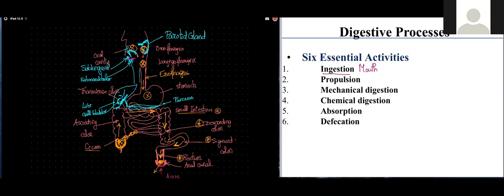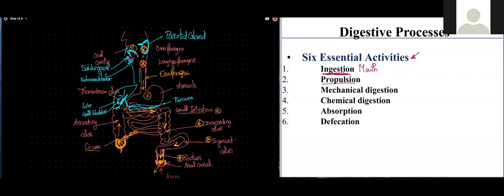Can you eat through your skin, for example? No. All right, so here it's just a function of the digestive system. It's only an activity that will be conducted by the digestive system.